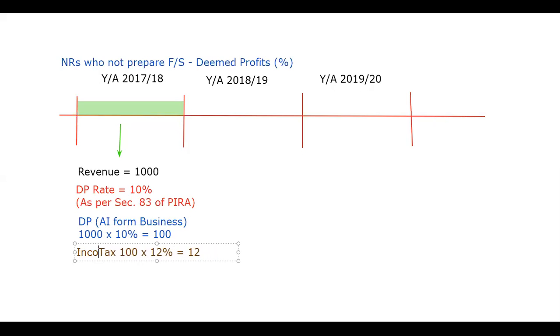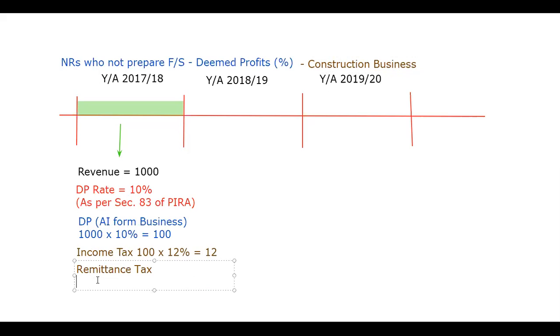Let's say construction here, or a normal business, assuming this company as a construction business, income tax 12%, and the remittance tax, how are you going to calculate the remittance tax?